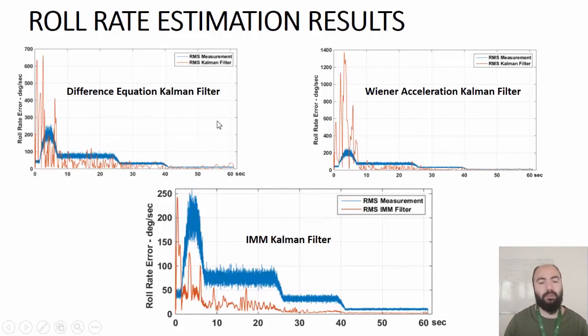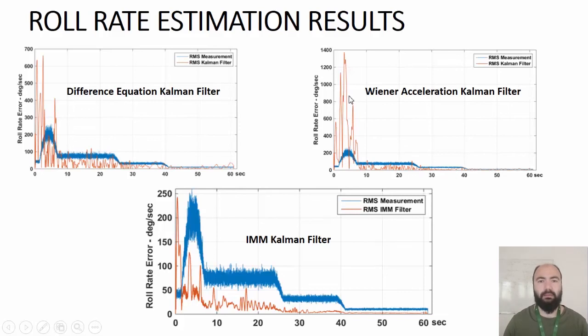The difference equation Kalman filter, as we remember, fits the real results at 9 or 10 seconds. But then the results are not perfect, and the Wiener acceleration has better results in the steady-state part of the flight, but it has worse results for the high variance part of the flight.